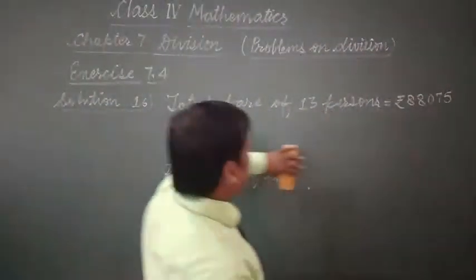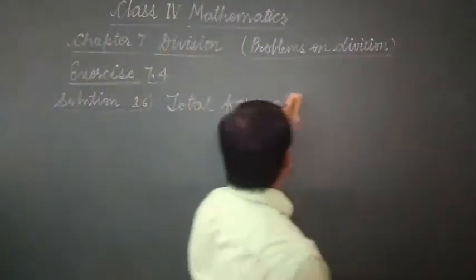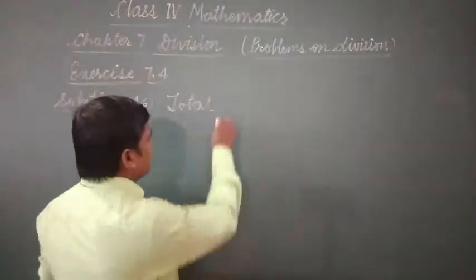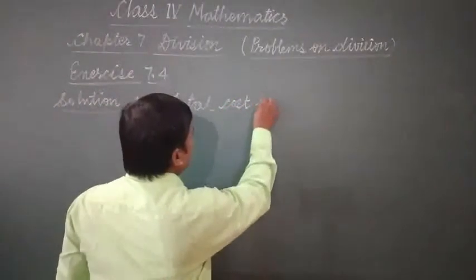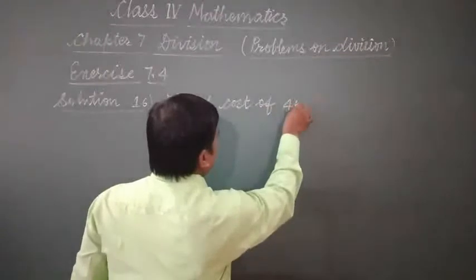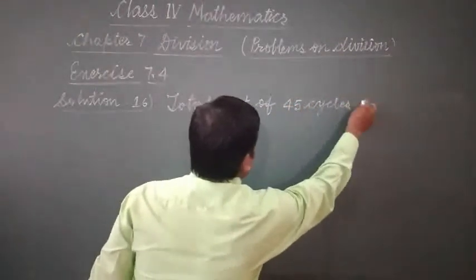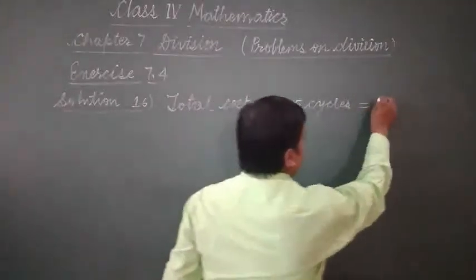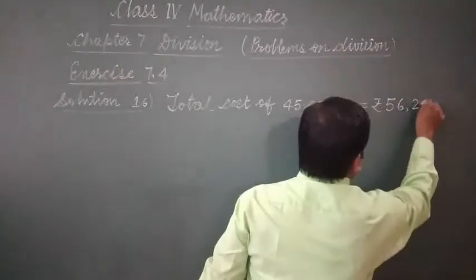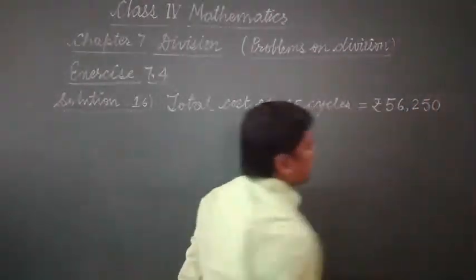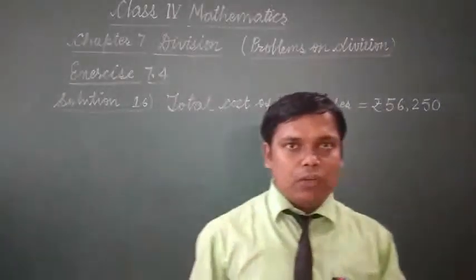It is given cost of 45 cycles. So we write total cost of 45 cycles is equal to rupees 56,250. That is given.